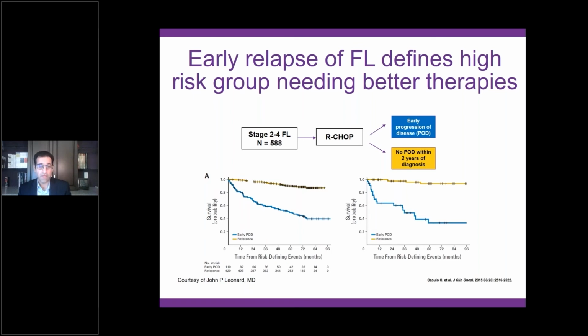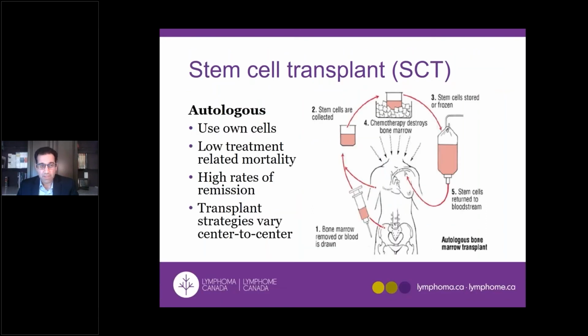But if the disease comes back earlier than 2 years, we consider this a high risk disease and usually it needs aggressive treatment, and the prognosis is not the best. One of the lines of treatment of relapsed follicular lymphoma is stem cell transplant, autologous stem cell transplant.